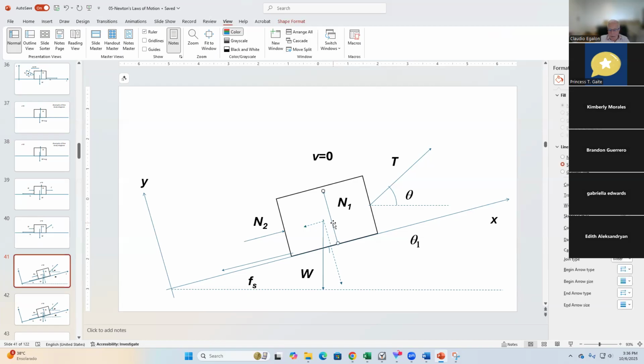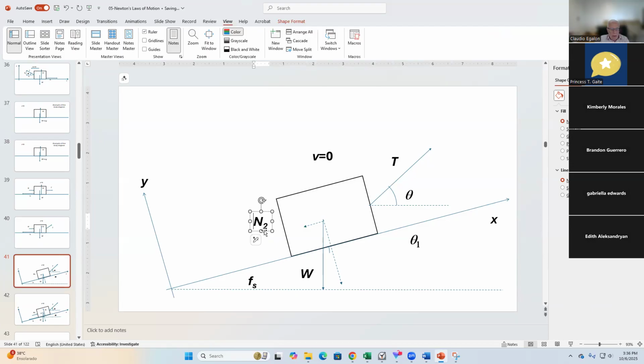So let's say we have a tension force applied to this object.